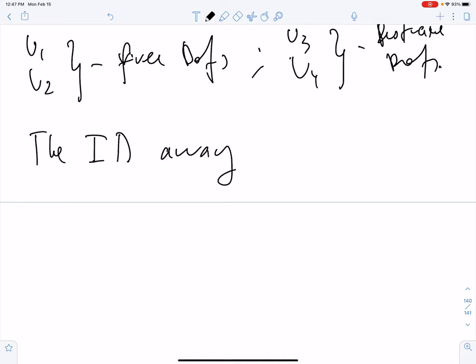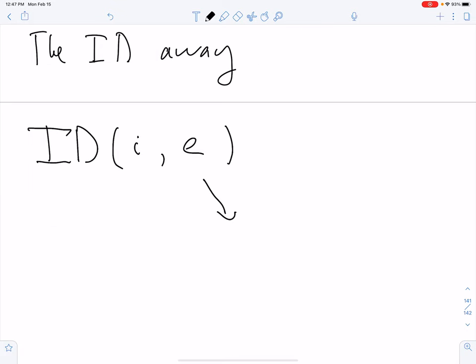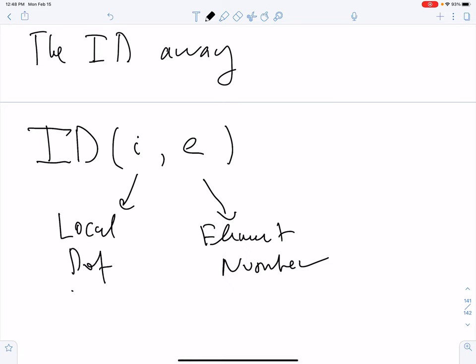And the ID array has two arguments, I and E, where E is the element number and I is the local DOF number. So for every element number and every local DOF number, ID returns to you A, which is now the global DOF number.